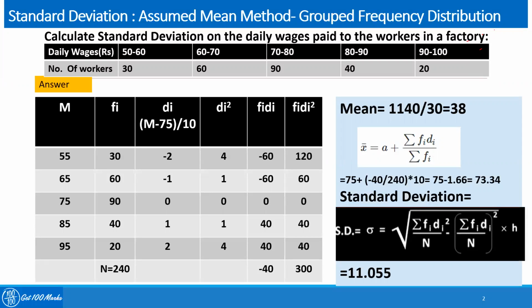D, as you know, is equal to xi minus x bar. So definitely if x bar is a decimal, d will come as a decimal. Once d is a decimal, d square will be a bigger number, and then you have to multiply with f, for frequency, and get fi di square. That will be a very cumbersome job.